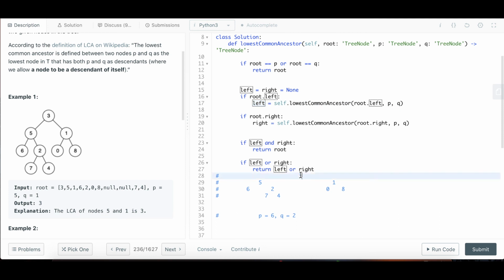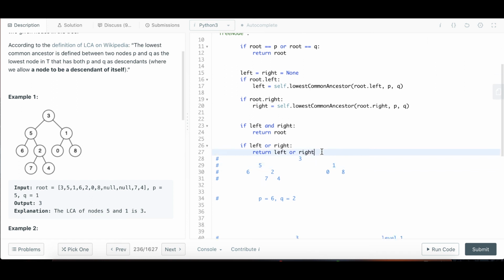Now you're at root again. You do your right subtree recursion now, but you can't find anything. Right doesn't change. It's still none. Now this line doesn't do anything. We get to here because one of them is none. Right is none here, and left has some value, and we return left, which is the 5 that we already found, and it is the lowest common ancestor.